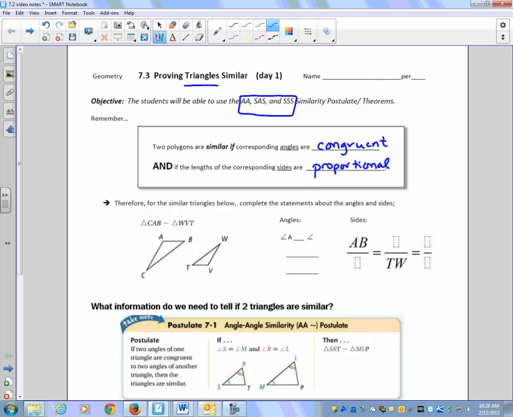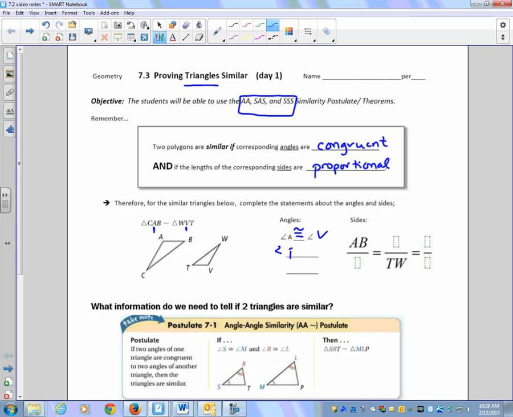So for these similar triangles, angle A corresponds with V in our similarity statement.